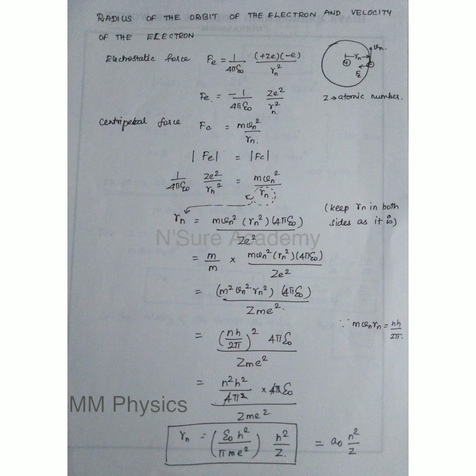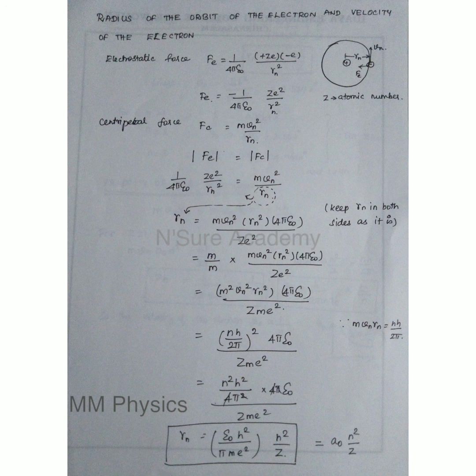But we know m vn Rn is equal to nh divided by 2 pi, taking the reduced Planck's constant h bar. Now replace m square vn square Rn square by nh divided by 2 pi, the whole square, into 4 pi epsilon naught divided by Z m e square.